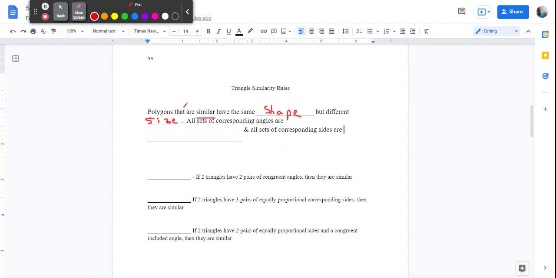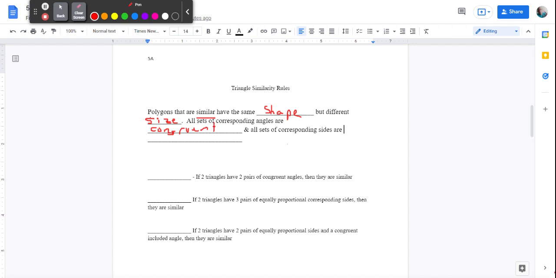Like I said a minute ago, if two shapes are congruent, they have congruent corresponding sides and congruent corresponding angles. But with similarity, the corresponding angles are going to be congruent, which gives us the same shape.